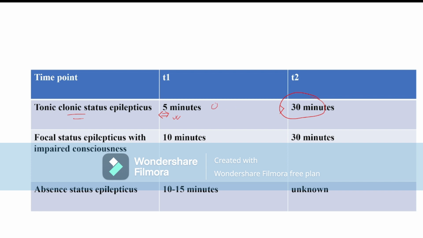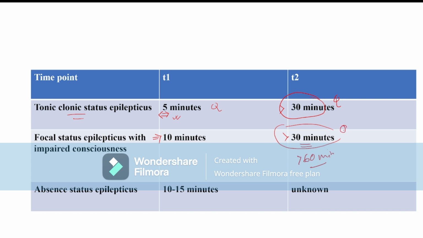These are all MCQs for All India. If the patient has focal status epilepticus with impaired consciousness, the time interval for T1 is more than 10 minutes and for T2 is more than 30 minutes. In some books it is written as more than 60 minutes, but in Nelson it is written as more than 30 minutes.